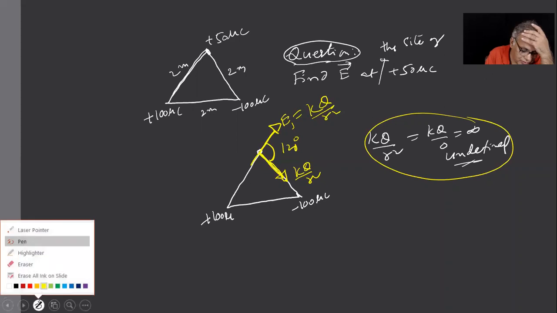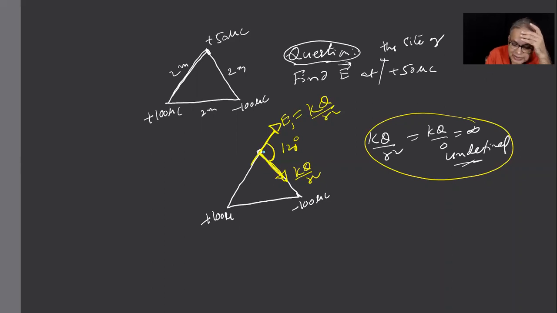So where is the net field? Exactly from the middle. And how much is that? Once again, KQ by R square. I told you already, if two vectors of equal magnitude A make an angle of 120, the resultant is also equal to A. We told already.